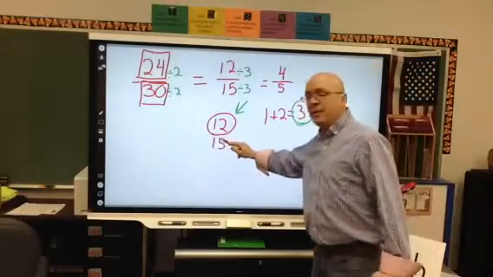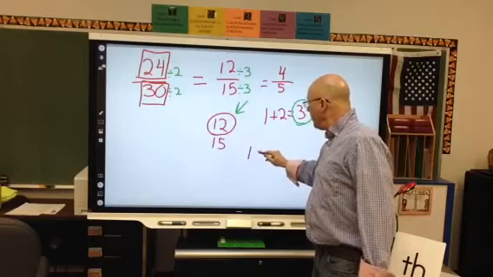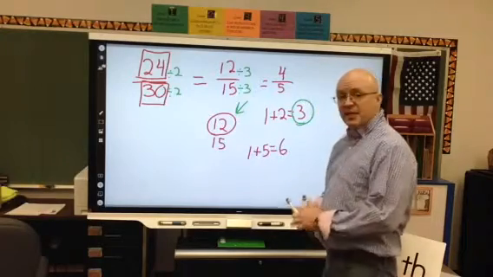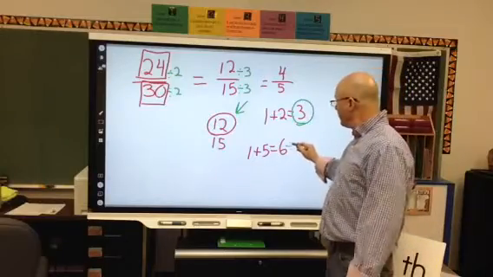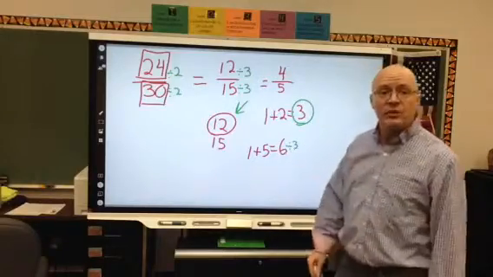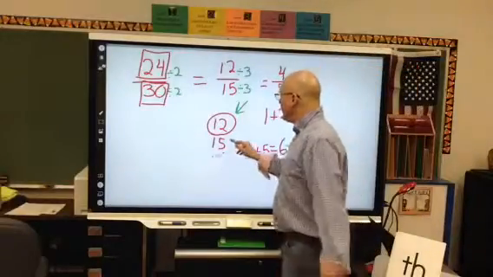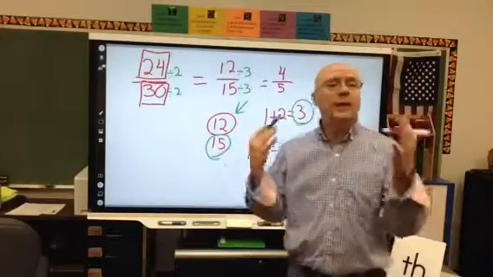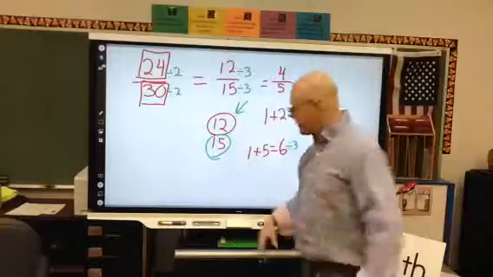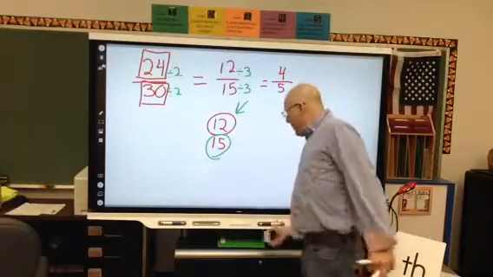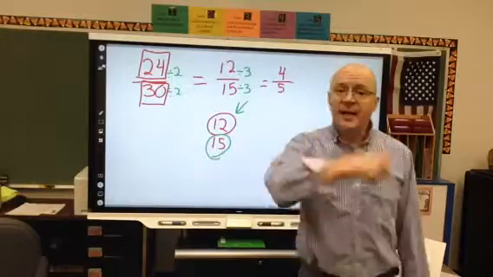I'm going to do 1 plus 5. 1 plus 5 is 6. Is 6 divisible by 3? Yep. You can divide 6 by 3. So then you can divide 15 by 3. It works that way. I don't know why it works that way. Maybe one day I'll figure out why. But that's how I do it.